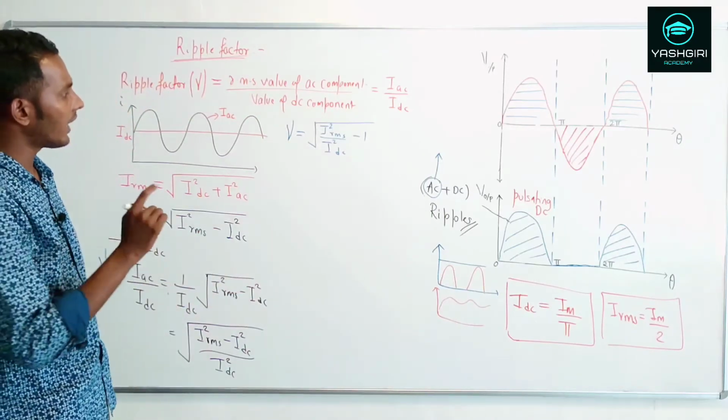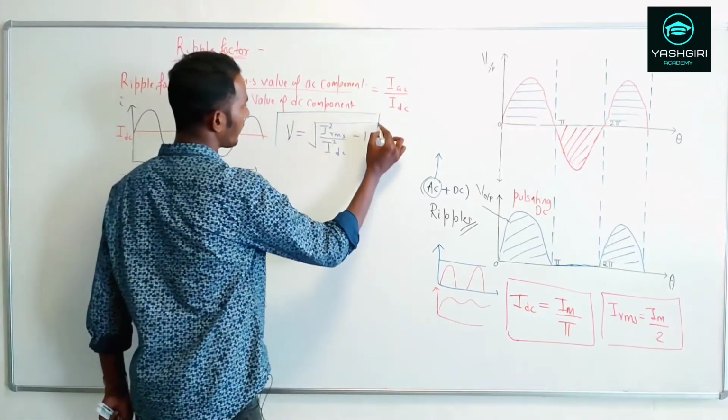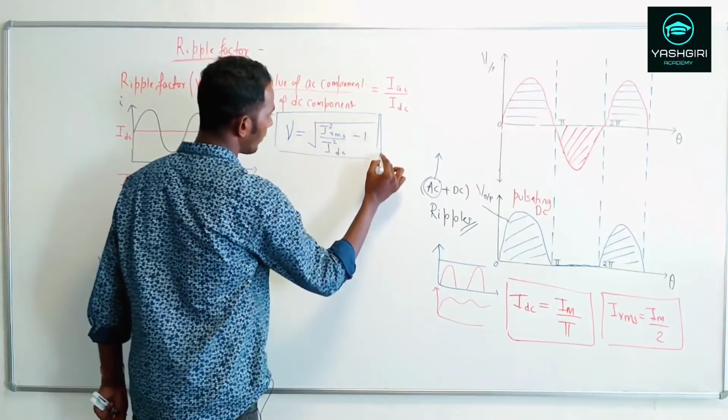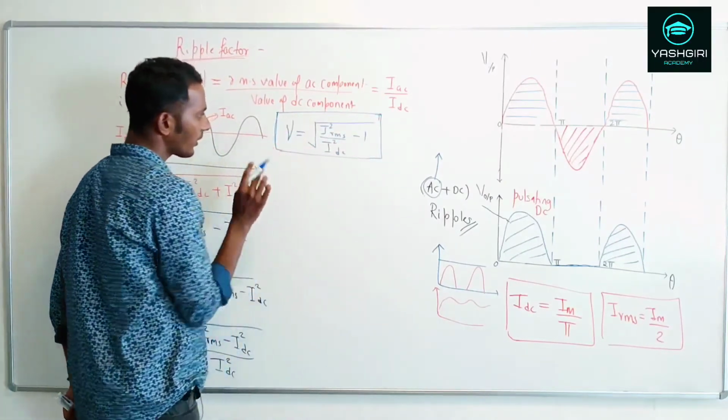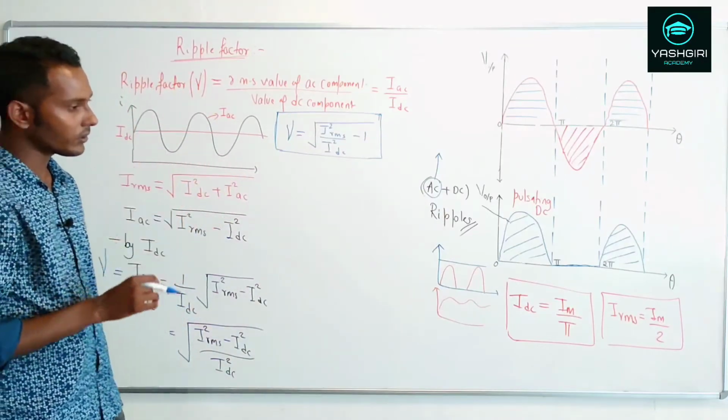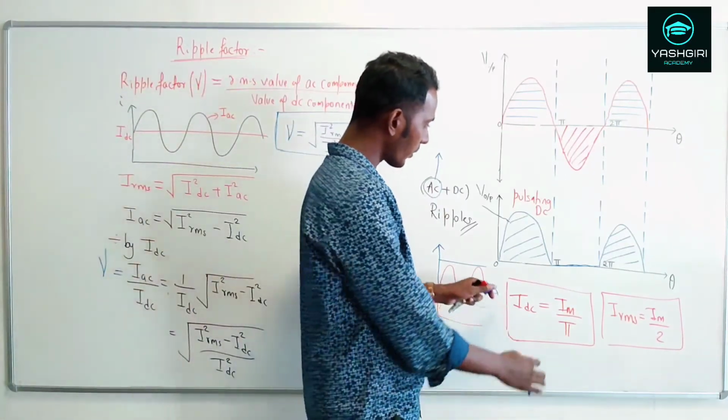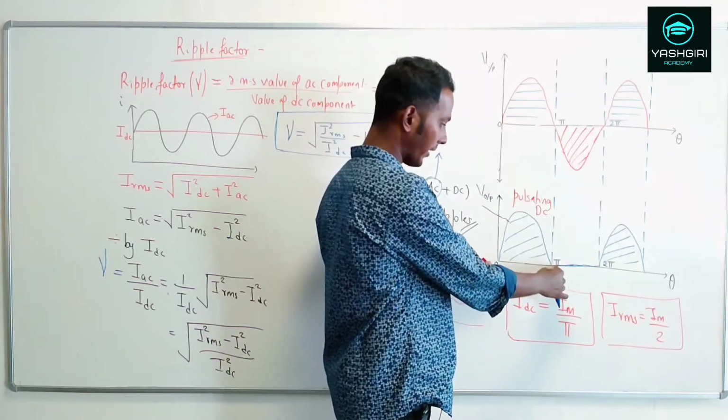This is the general form if you want to calculate a ripple factor for any pulsating DC signal. Now I'll put in the values, because these are the values I obtained for the 0 to pi region.